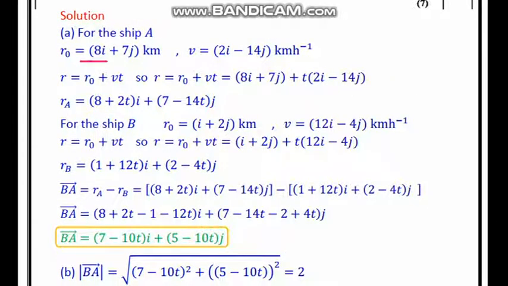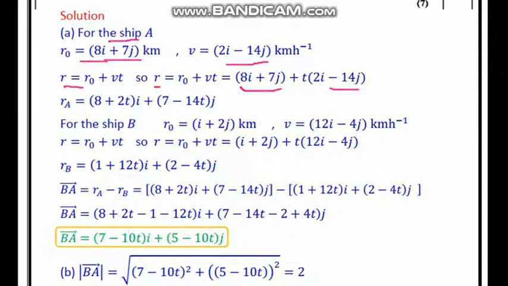As you know, for ship A, the position vector equals 8i plus 7j, and the velocity equals 2i minus 14j, so r equals the initial position vector plus vt. So r equals 8i plus 7j plus t(2i minus 14j).